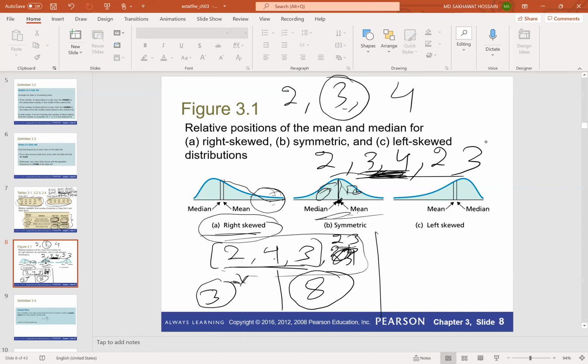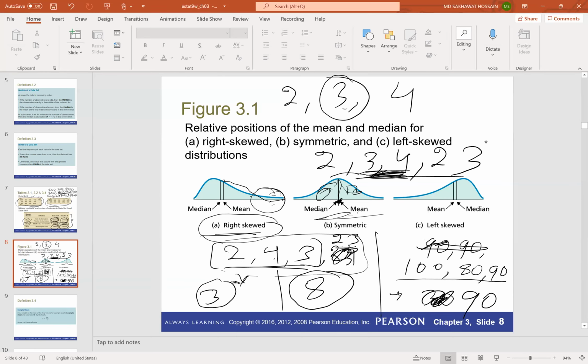For example, if we have a data set of 90, 100, 80, and 90, the mean of this data set is 90.